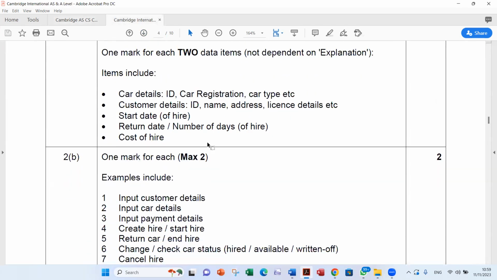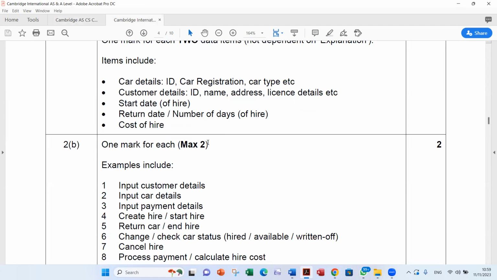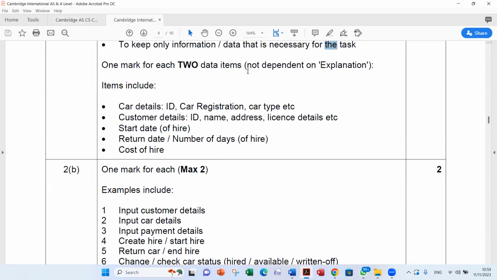And okay, let us talk about the data items: car ID, car registration, car type, etc. Anything from this category, information about the car itself. What else? Customer detail, ID, name, address, license, or other details about the customer himself.